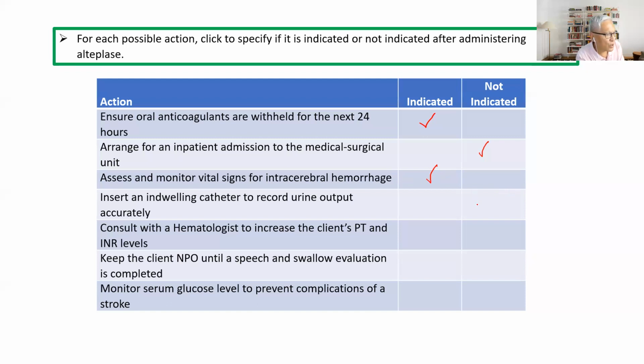All right. So you all got that correctly. Consult with hematologists to increase the client's PT and INR levels. This is not going to be indicated, the reason is that we just give them fibrinolytic, and therefore their PT and INR is already going to be elevated. And then keep the client NPO.